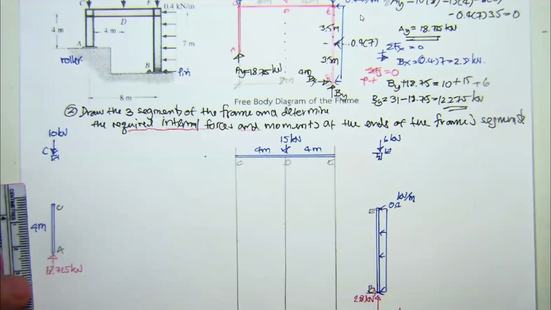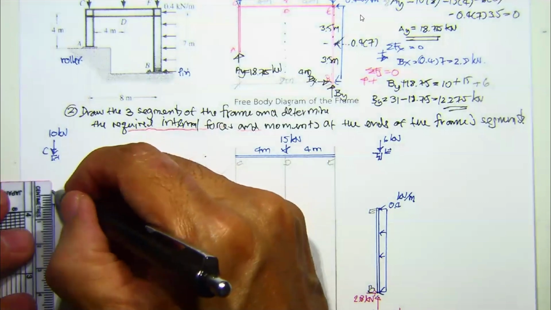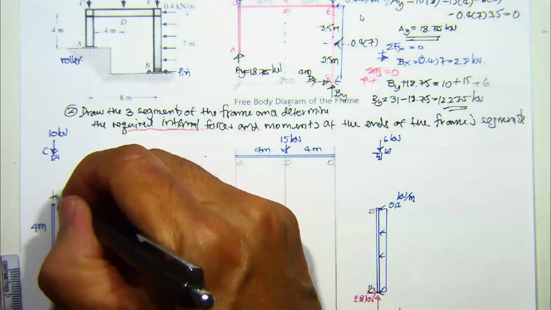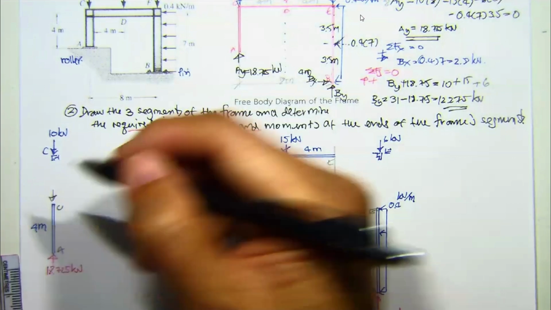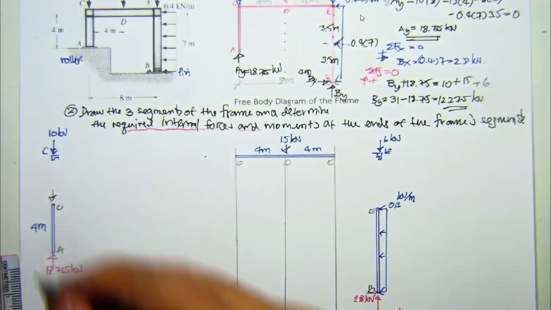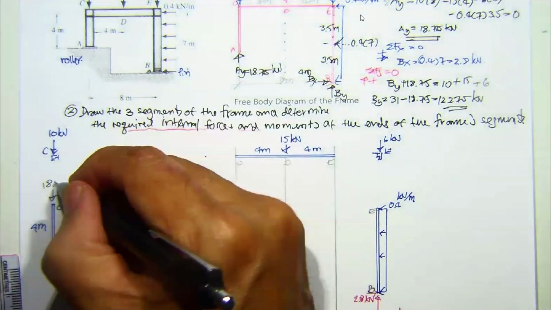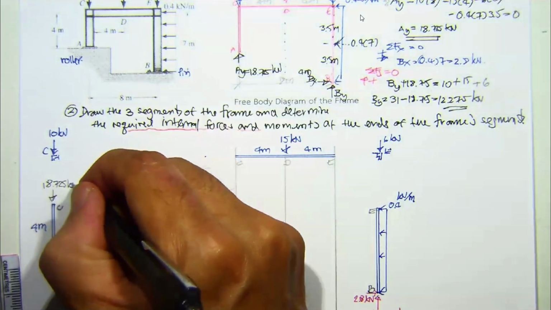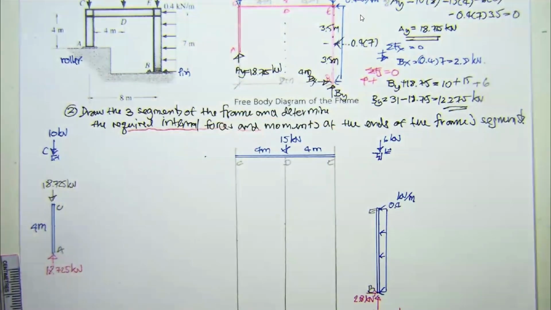And you don't need to show much calculation. Let us then put this one. I think you guys are supposed to know it. Okay, and this one gonna be 18.725 kilonewton without doing the summation of y equal to 0.